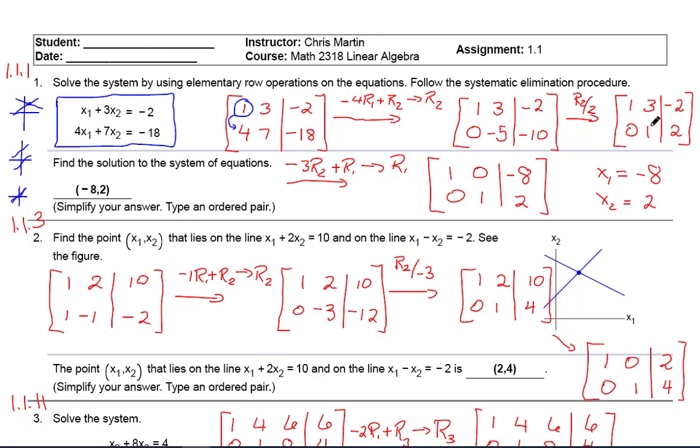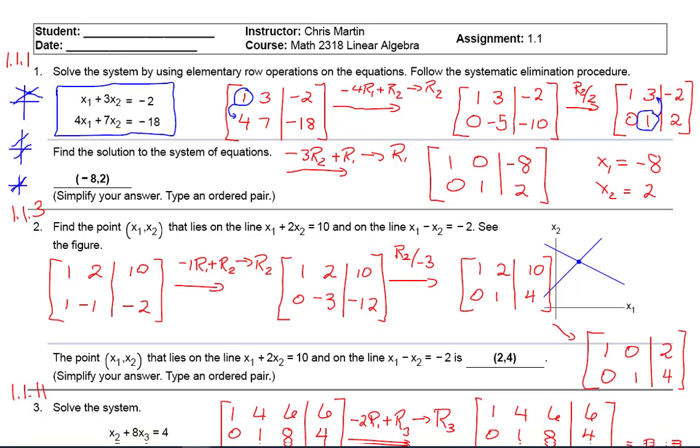So my last goal is to use this 1 to make a 0 above it. So that's going to be minus 3 times row 2 added to row 1. And so when we do that, we get our solution is at the point minus 8, 2.